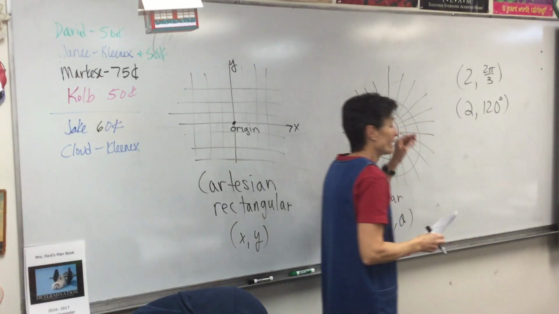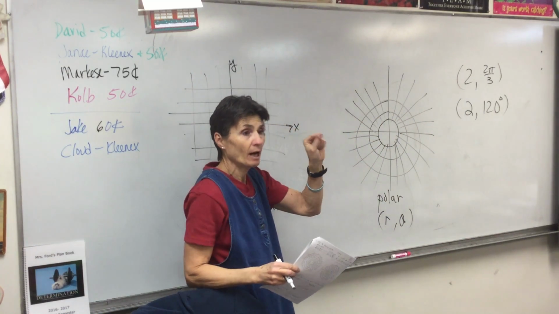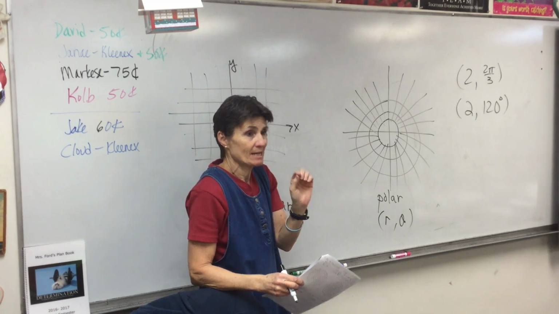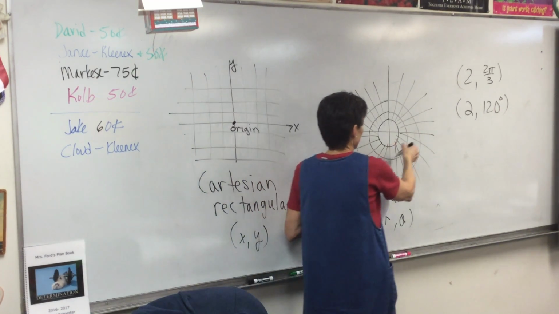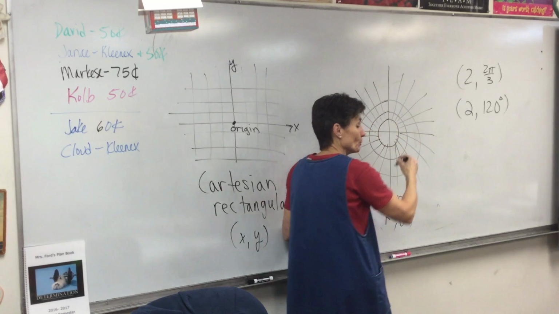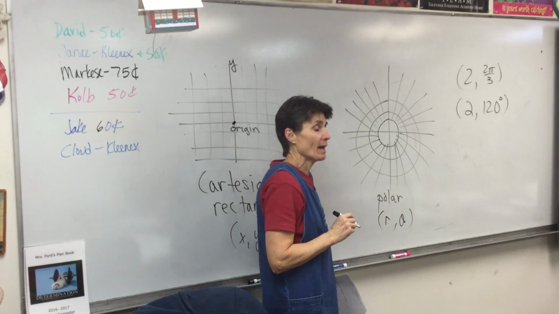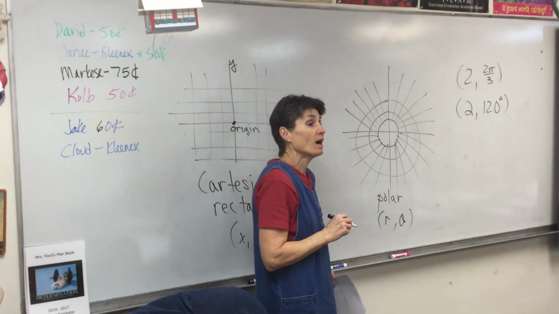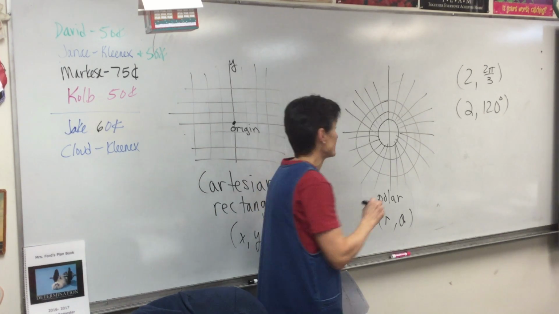So that's the point 2 comma 120 degrees. What that means is, get on the circle with a radius of 2 and go 120 degrees.